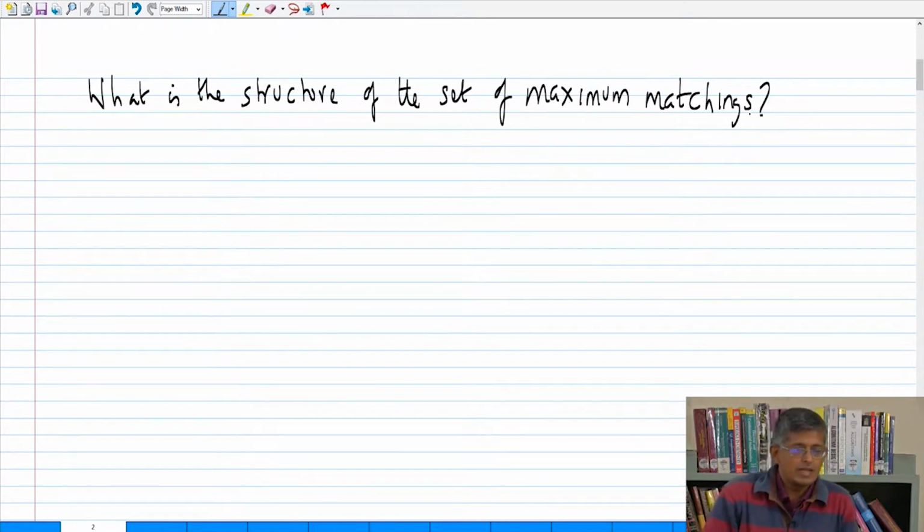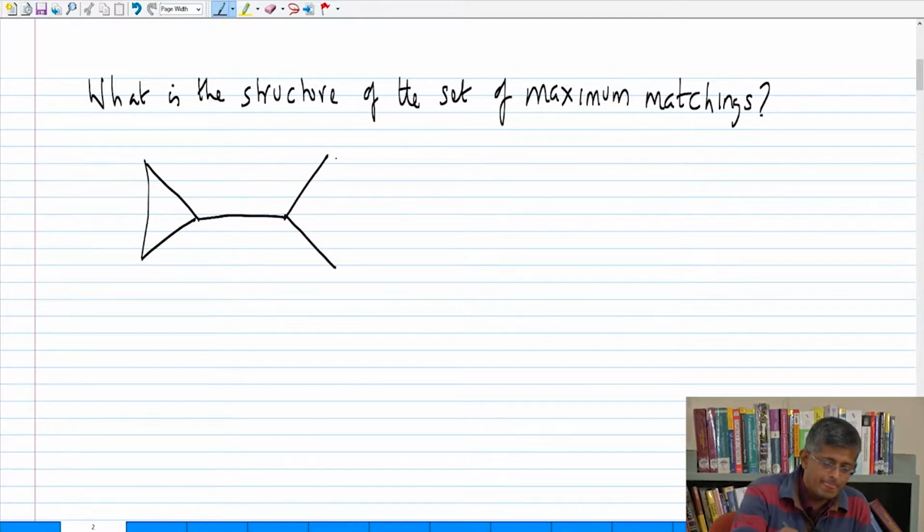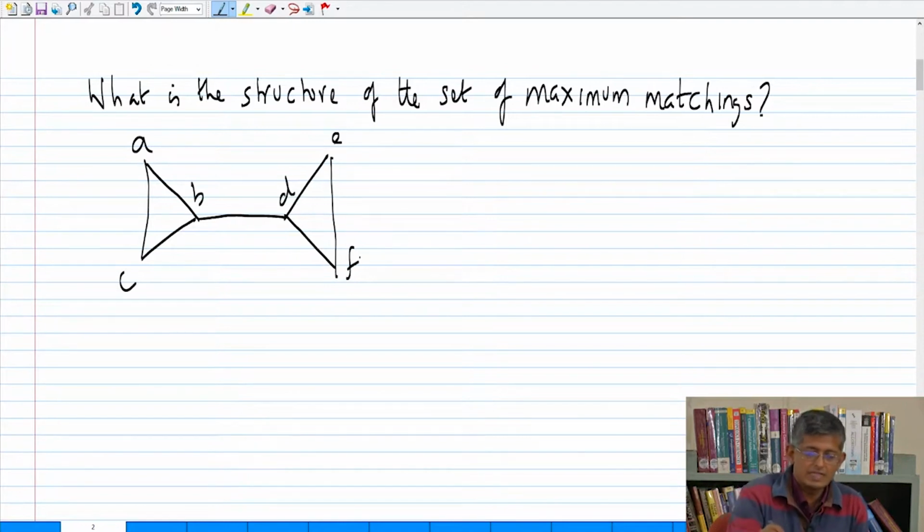For that, let's go back to our example and try and see how to make the first maximal matching a larger matching. What will definitely fail is if you try to add an edge, because there is no such edge. So let me just draw the picture again. Now let's write the matching down.